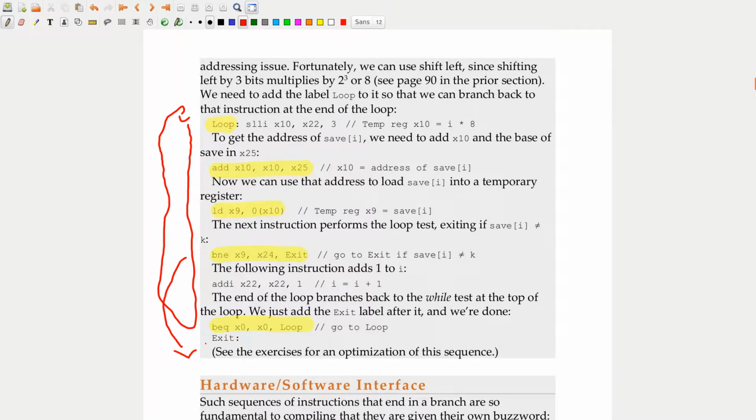Any questions on that? I think that should be fairly self-explanatory. So we can just ignore all of these instructions, and we can just care about these branching instructions for right now. So basically we have a loop up here. We do some stuff. We check to see if we finished the number of iterations we're supposed to do. If not, we continue on with the program and we go back to the top of the loop. If we're done with the number of iterations, we leave.